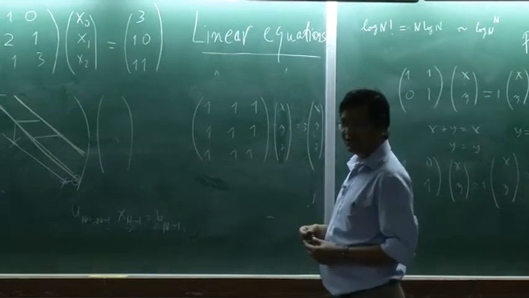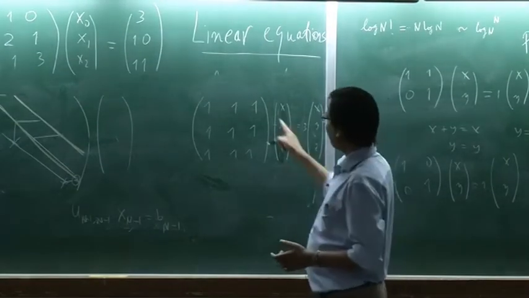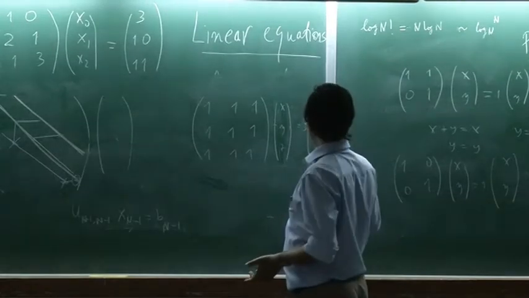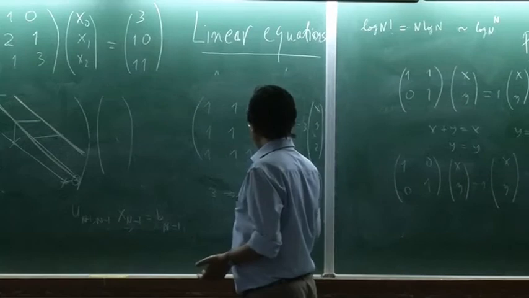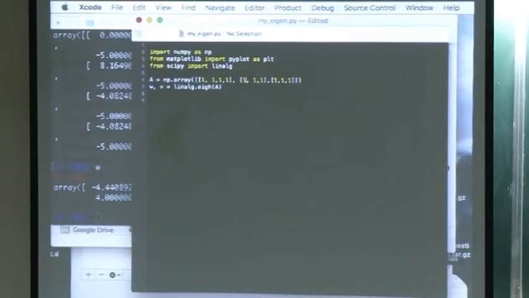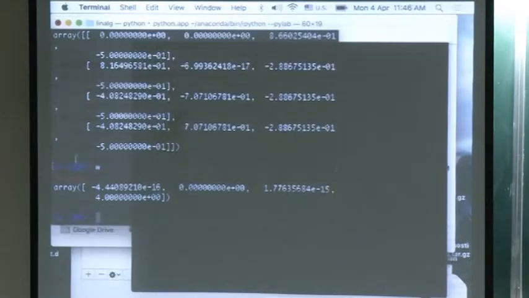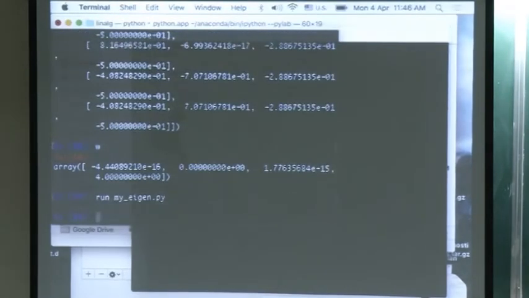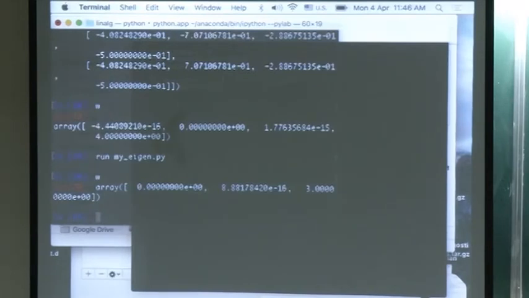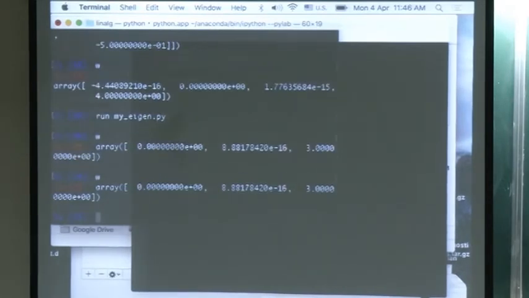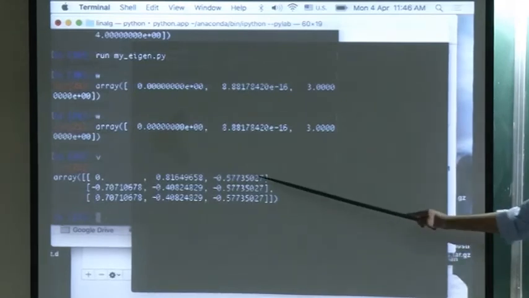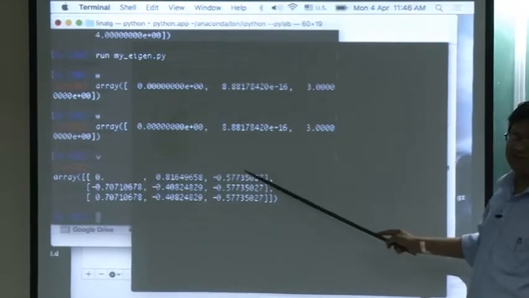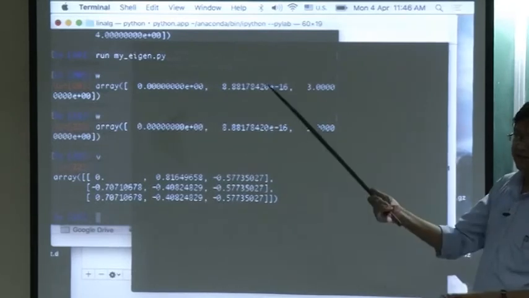The eigenvector corresponding to 3, 1 1 1 will give you 3. So the computer can help you to come up with your guesswork. So this is W and V. It is normalized, so it is 1 by root 3, with a minus sign, which does not matter. So it is the diagonal.